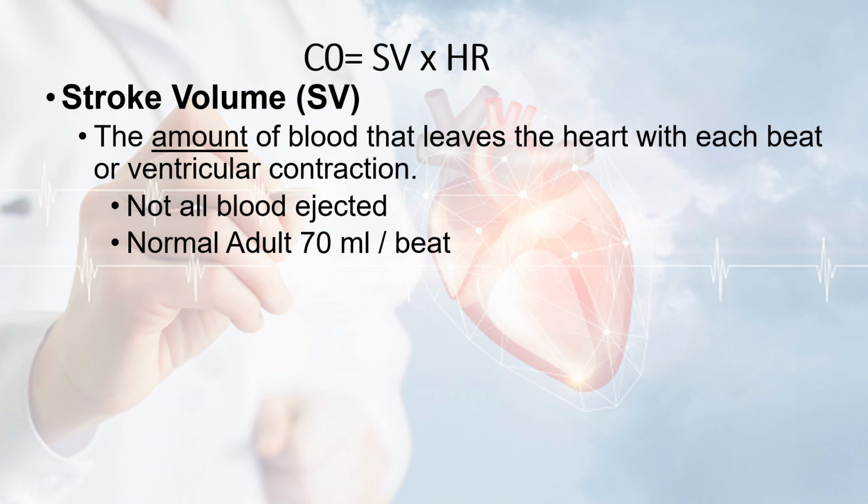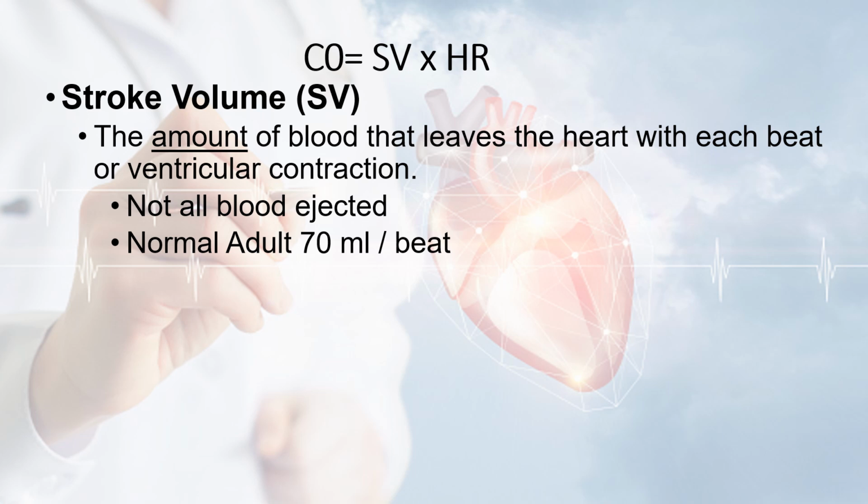Stroke volume is the amount of blood that leaves the heart with each beat or ventricular contraction. During each heartbeat, the amount of blood that leaves the left ventricle is noted as the stroke volume.